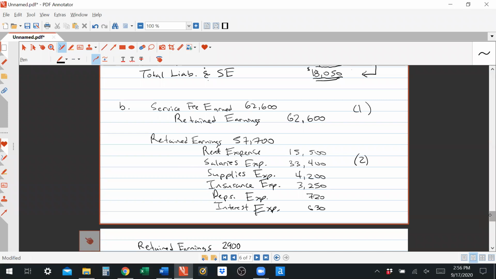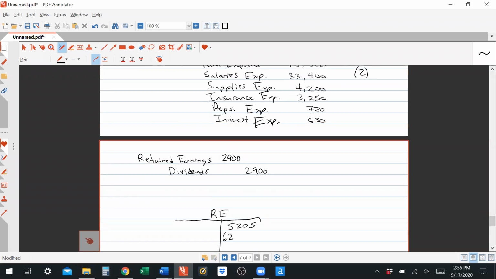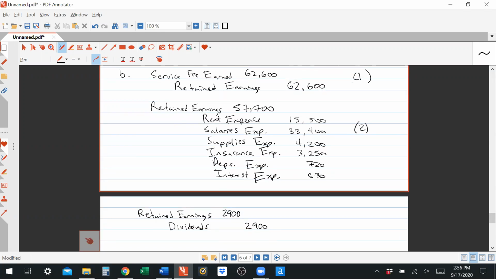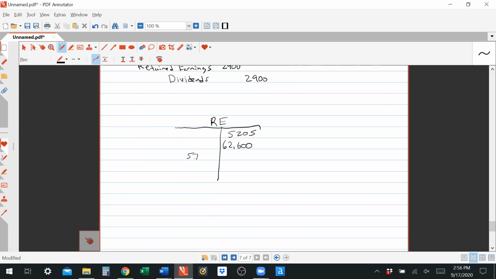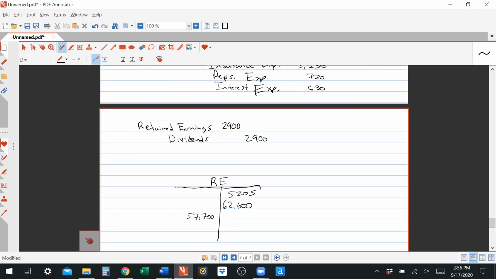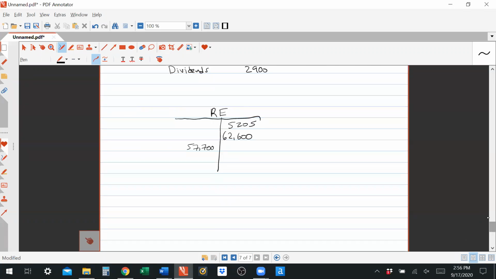So we credited retained earnings for 62,600. Then we made an adjustment to close out the expense account. So we debited retained earnings for 57,700, which reduces its balance. And then we reduced retained earnings for the dividends. And so after these closing entries, retained earnings has its balance of $7,205 at the end of the year.